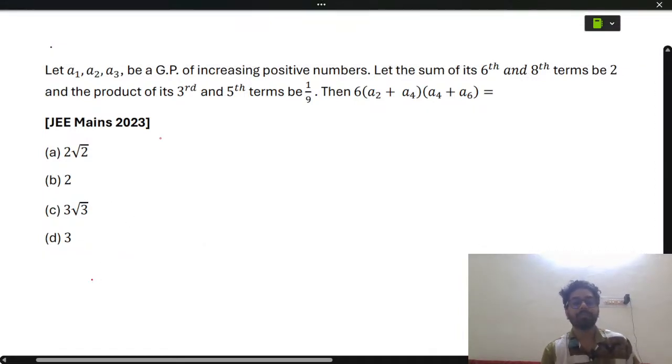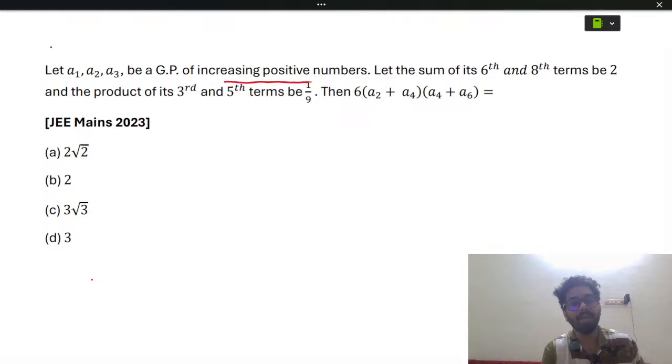Okay, so now A1, A2, A3 be GP of increasing positive numbers. What is the meaning of it? Increasing positive numbers, that first of all, R has to be positive and more than 1. That's what I think of. Sum of its 6th and 8th term. What is 6th term?